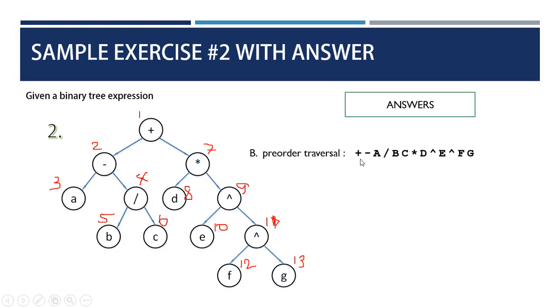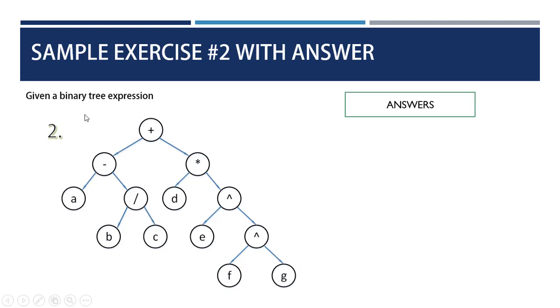We have plus minus A divided by B, C. Then you go back, so we have asterisk A, asterisk D, caret E, then caret F, G. That's good. Proceed to the next.